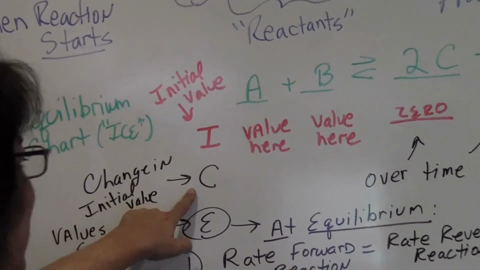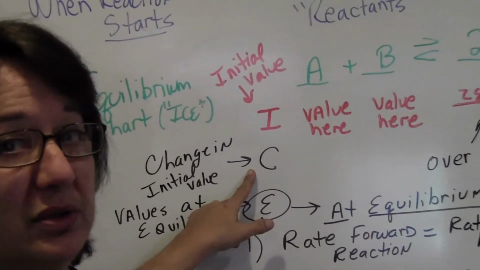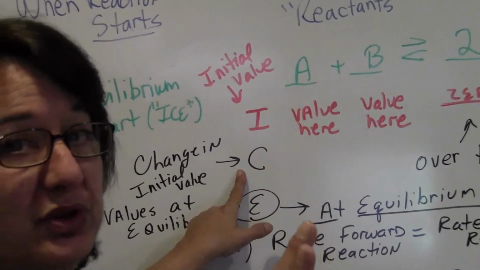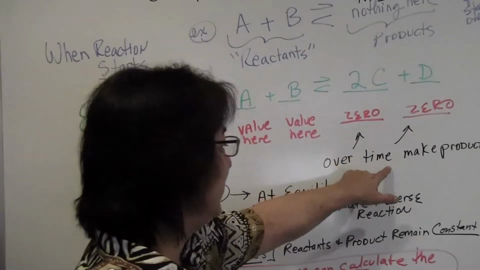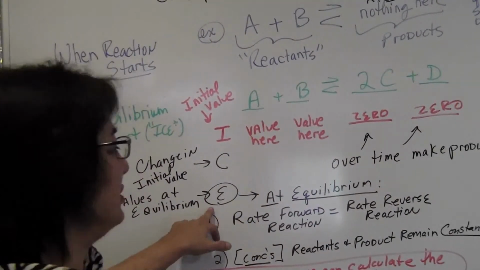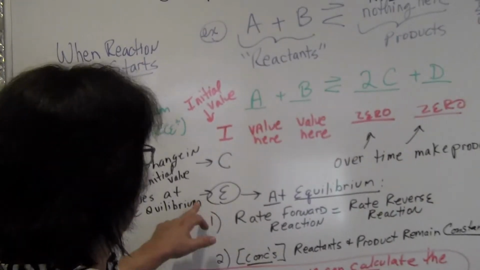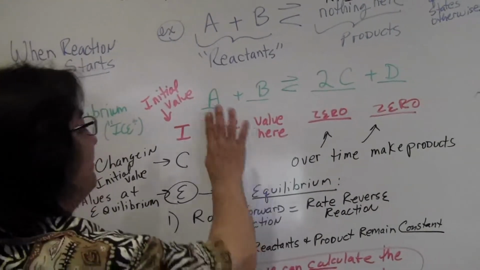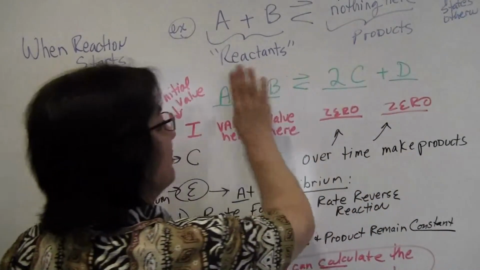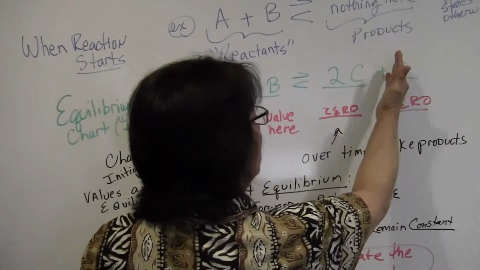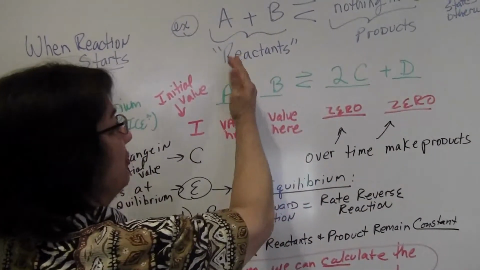The C in ICE stands for change: how much of that initial value is going to be lost by the reactants or gained by the products. But right now we're talking about equilibrium. Equilibrium means after a certain point when the reaction has moved forward, the rate of the forward reaction is going to equal the rate of the backward reaction.